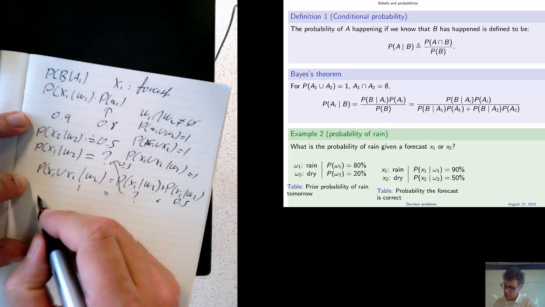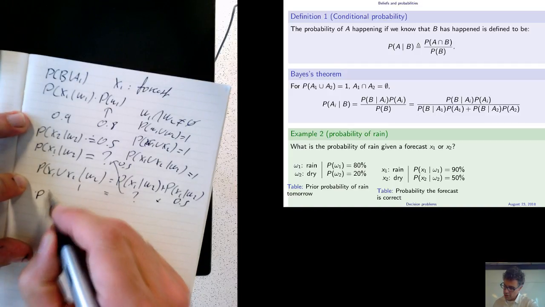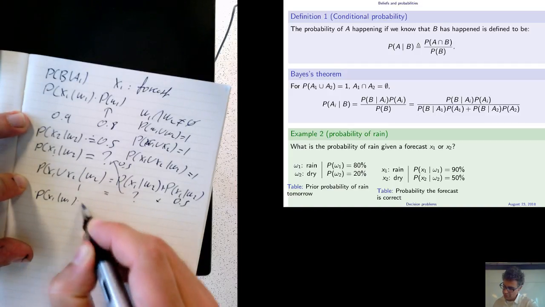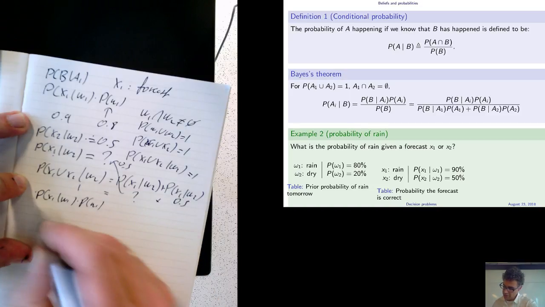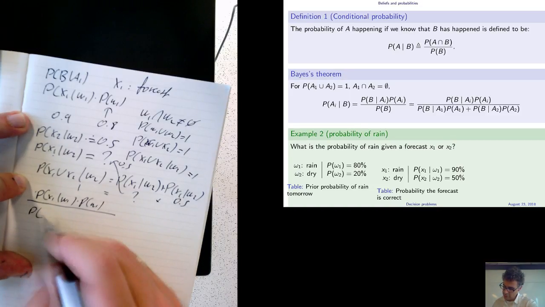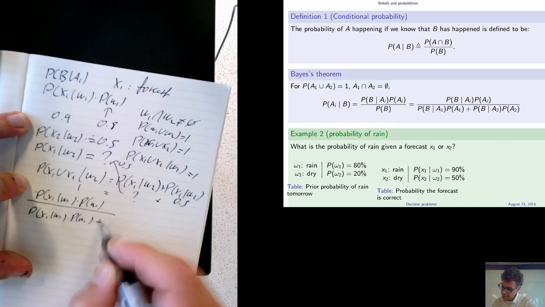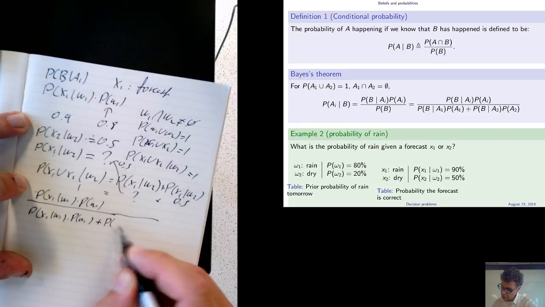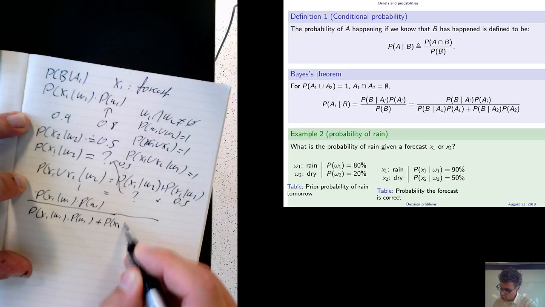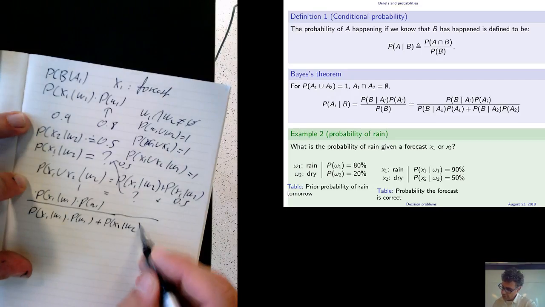So now we can write the whole thing. P of X1 given omega 1 times P of omega 1, plus P of X1 given omega 2 times P of omega 2.